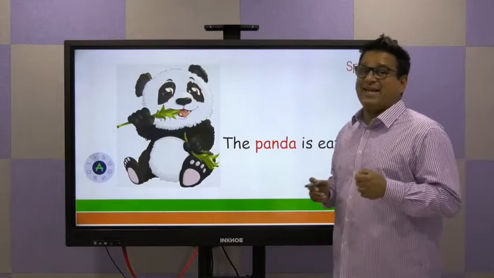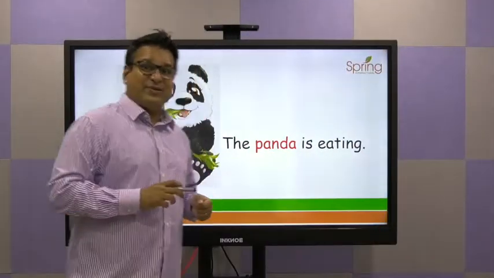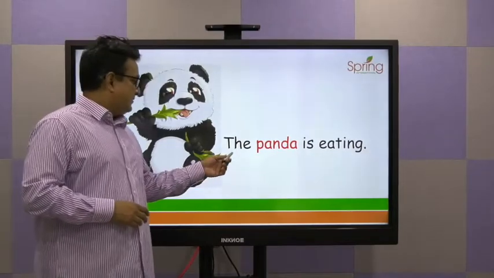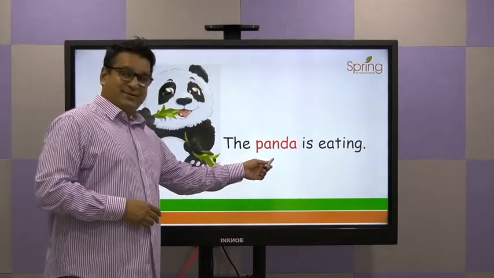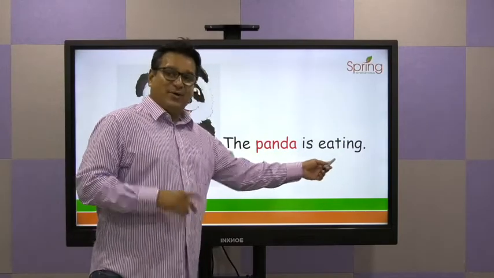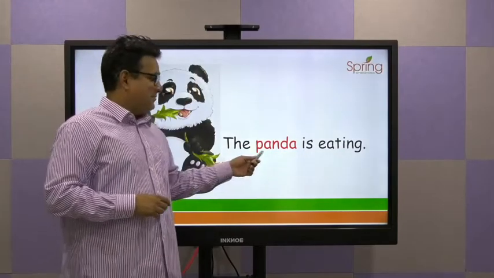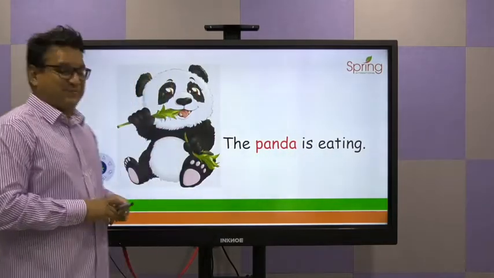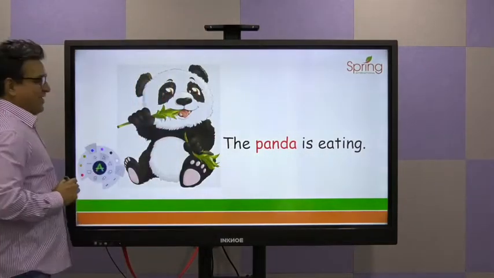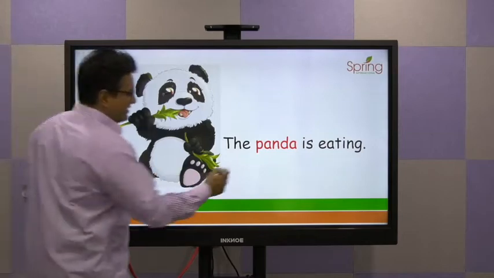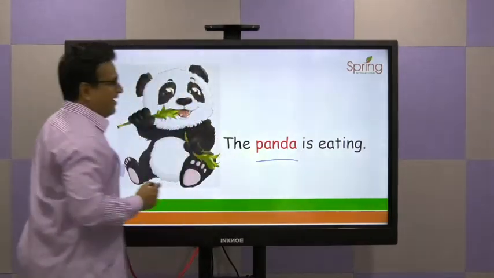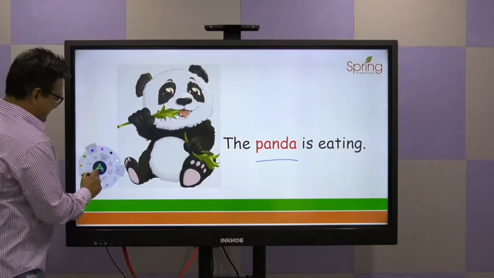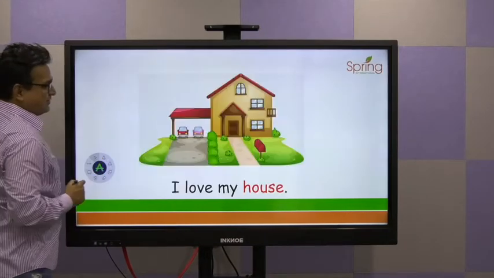Now you try saying the sentence yourself. Ready? One more time. Yes, very good. And of course the noun here is panda. Correct? Yes, very good. Let's move to the next one.